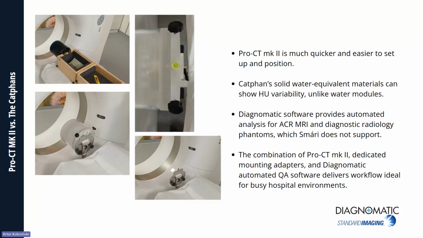In the other phantom, we have only solid water, and as I showed, HU variability, unlike with water, is a big bottleneck. But on the other side, we also have an option for solid water homogeneous disks, so if someone doesn't want to deal with filling the model, you can use the solid water also.